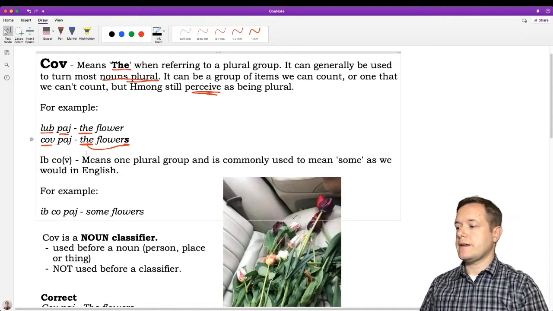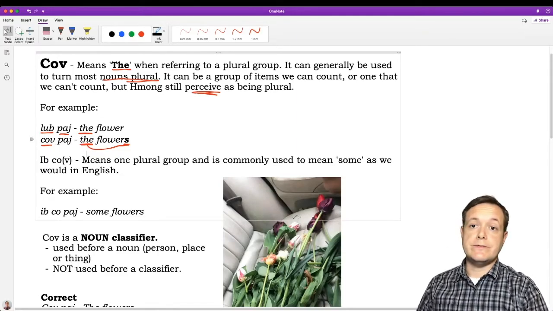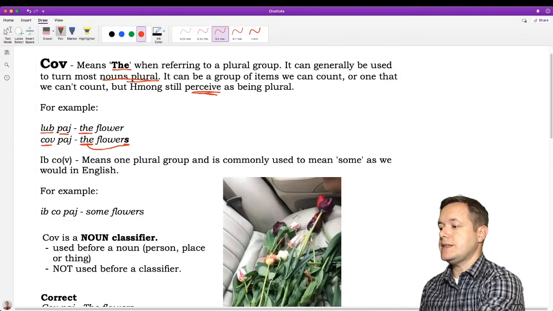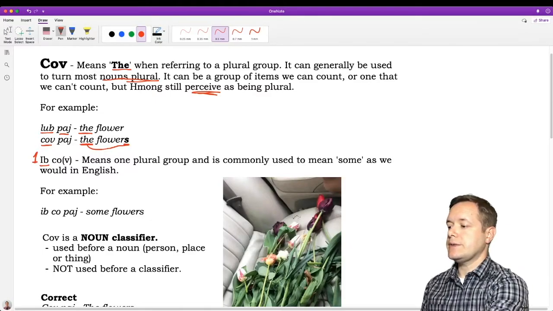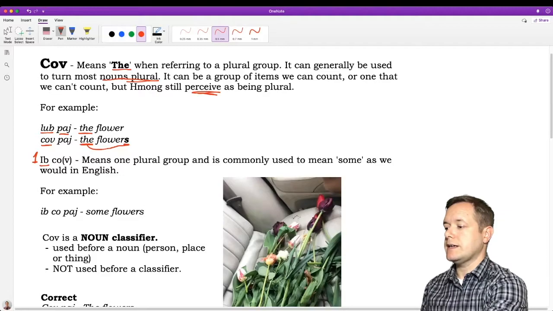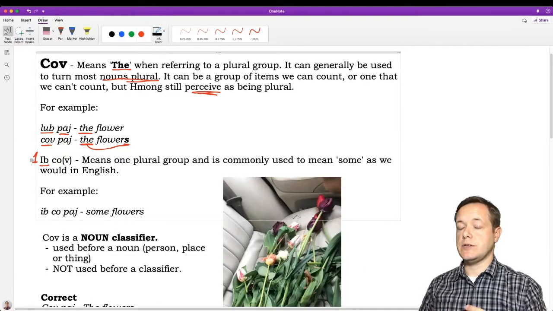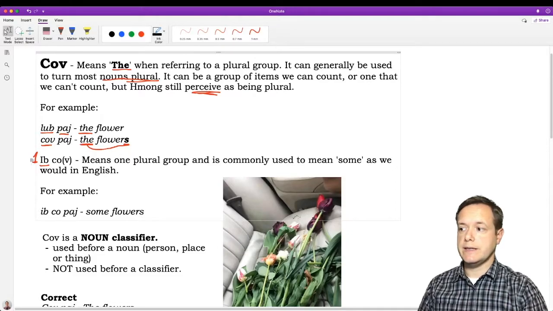Now, a use of jaw that's very common is when it's preceded by this word e, which is the number 1. You'll notice there's some parentheses here, and the reason for that is because in this case, it's a tone change. The e with the b, that high b tone, often causes the tone in the word following it, in this case jaw, to change.